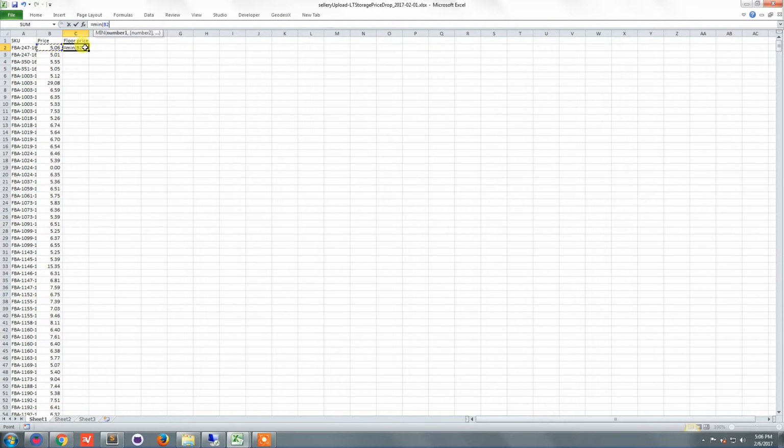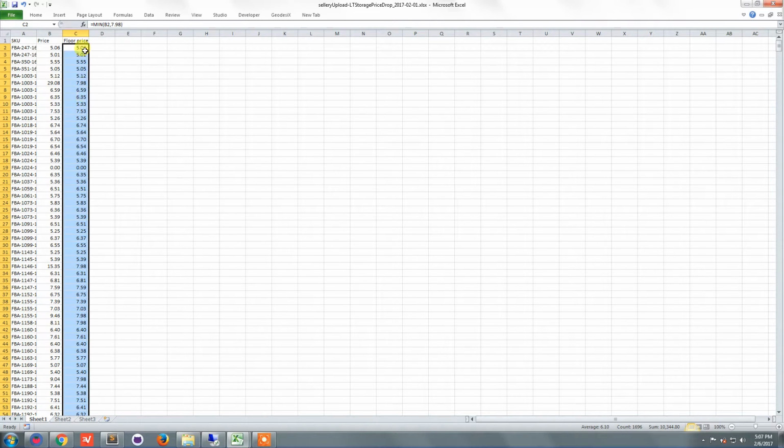So I'm going to set the floor price to the minimum of the price that's equivalent to the optimal payoff, or $7.98. And the reason being is because see how some of these values are greater than $7.98. And again, our normal floor is $7.98, so we're willing to let it go all the way down to $7.98. So I just double clicked on that plus arrow in the bottom right of the cell to copy the formula down.